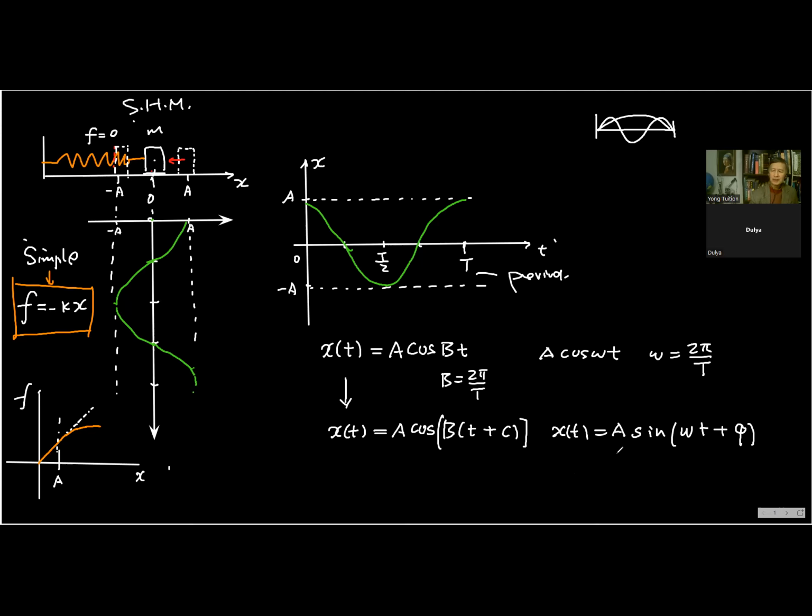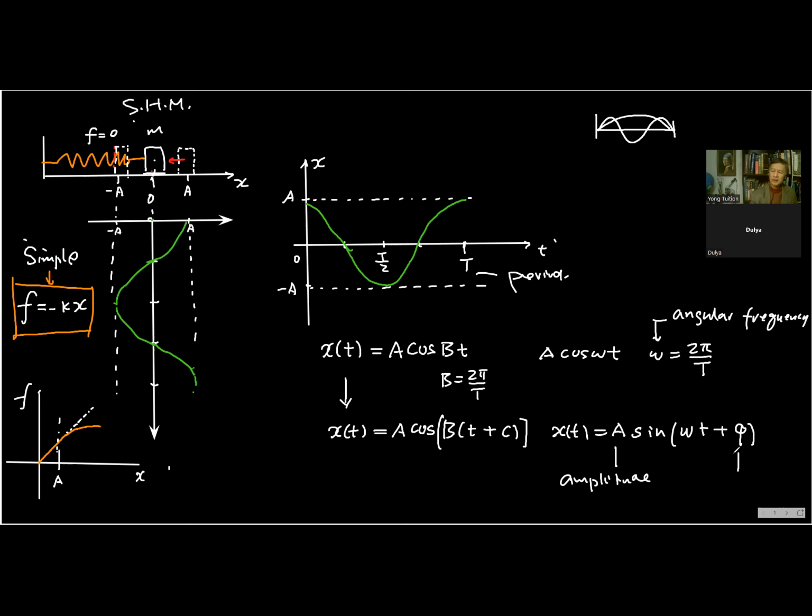Each of these has a meaning. A is called the amplitude. And omega, what is omega? It is called angular frequency. Have you heard of angular frequency in physics? No. Oh, you studied waves, but you haven't studied angular frequency. Interesting.